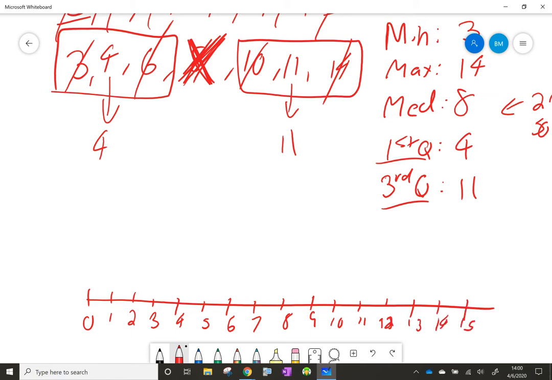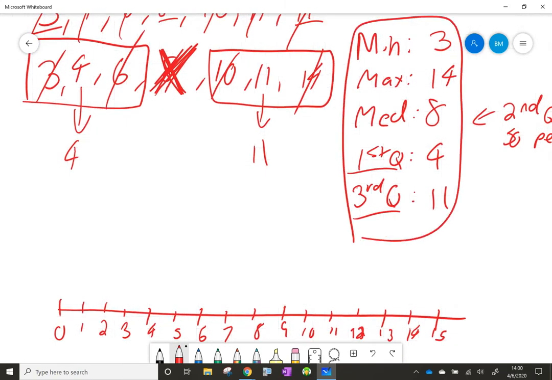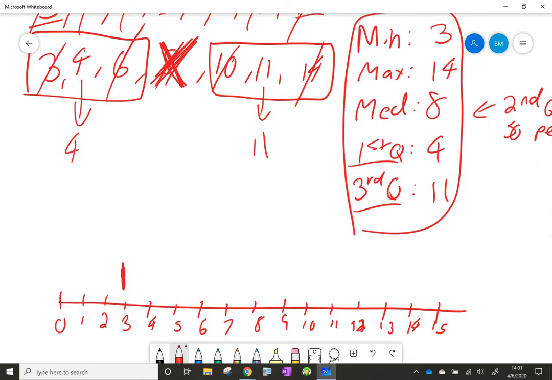So what I like to do is put marks on my min, max, median, all these numbers here. So my minimum I know is 3. My maximum I know is 14. So you see I put a mark above 3, I put a mark above 14 as to label my min and my max. I also have my median, which is 8.